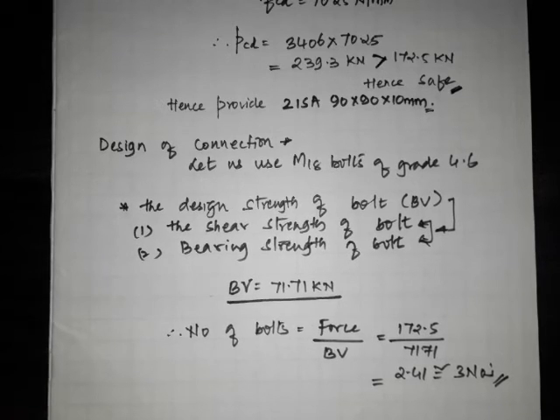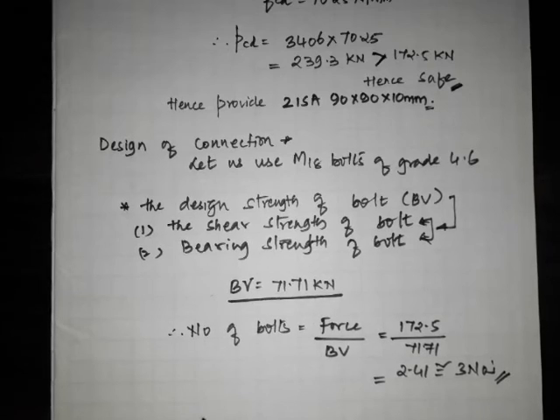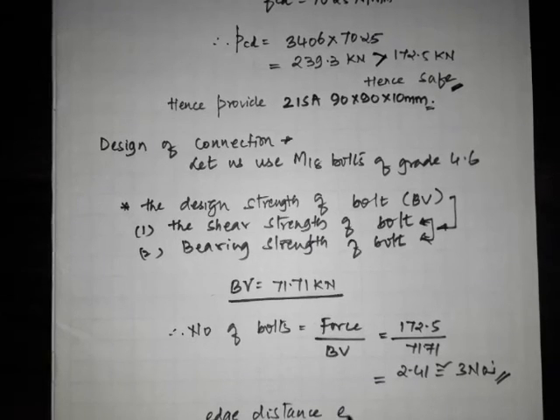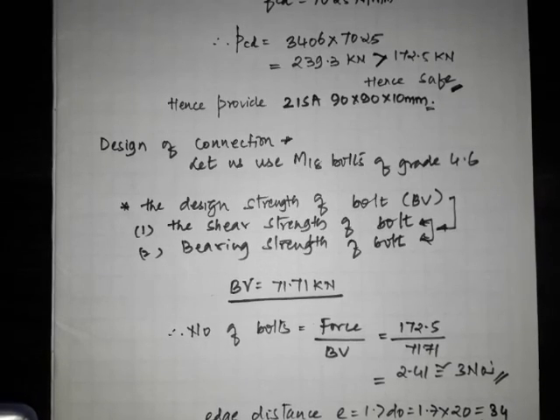Then the edge distance e is equal to 1.7 times D naught. So 1.7 into 20 comes around 34, so I can use 35.